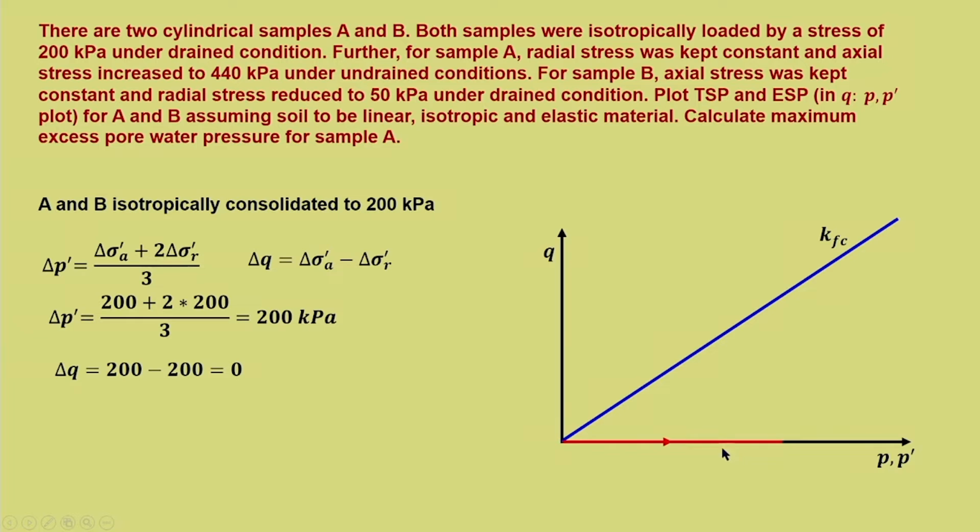So, delta q is 0 and delta p dash keeps increasing to 200 kilopascal. So, this is p dash because it is isotropically consolidated. There is no pore water pressure existing in the beginning. Okay, so, that is 200 and this initial point is p dash. Here effective stress path is equal to total stress path, and these things are very clear to all of us.